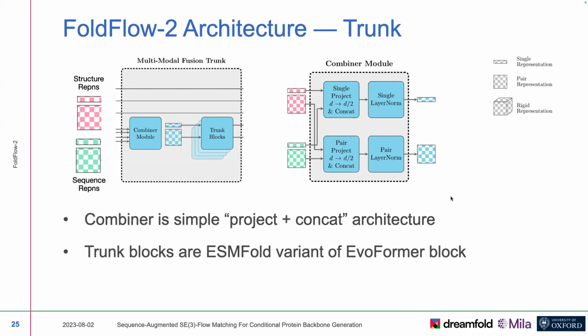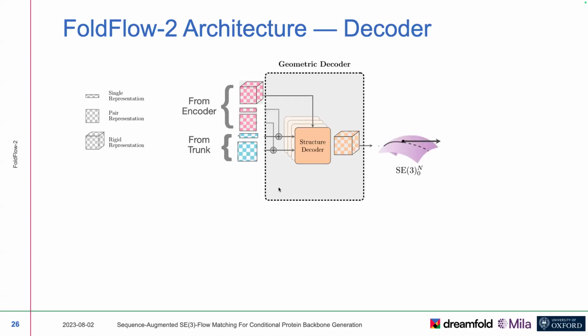And then at the end of the trunk blocks, you essentially have these representations for the single protein and also the pairwise representations. Those are enriched by the sequence of trunk blocks, and they should know about both modalities of the protein. And then for the decoder, we have the outputs of the trunk module in blue, and we also have the skip connections from the IPA transformer in pink.